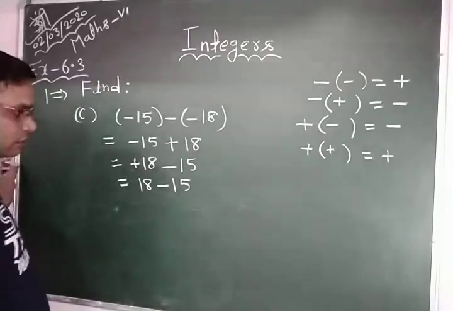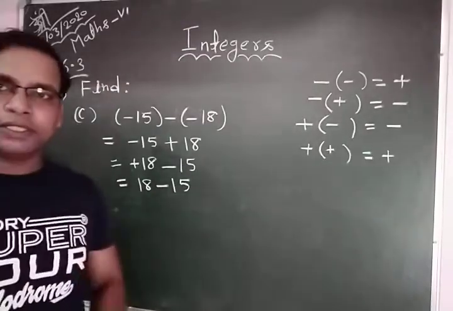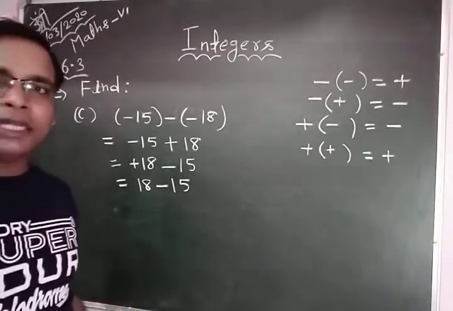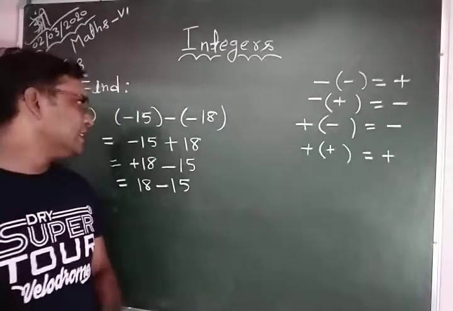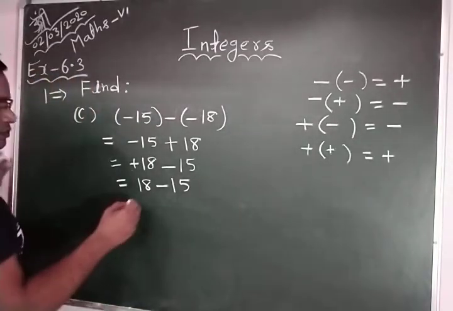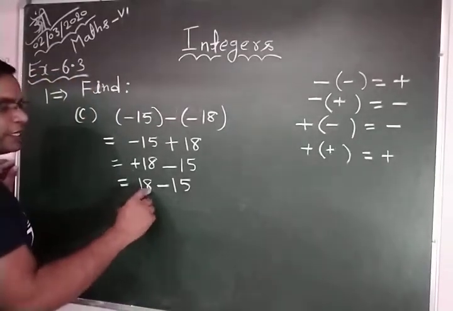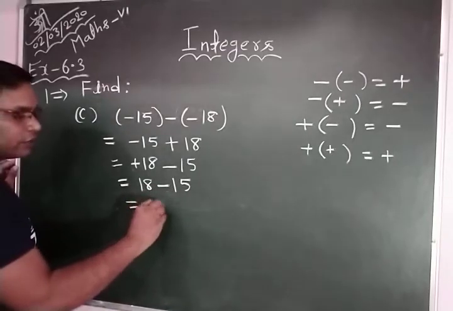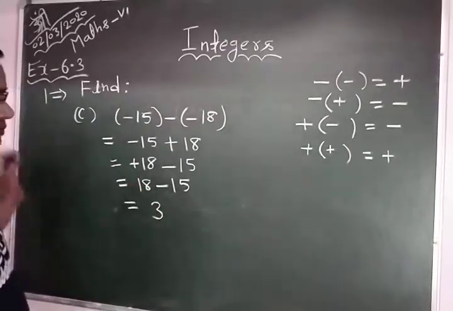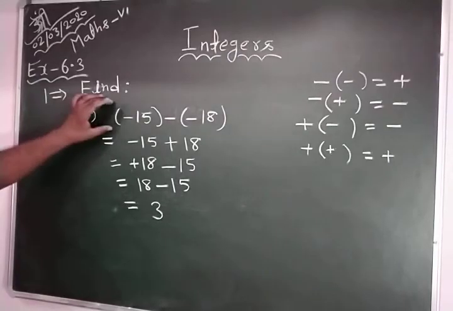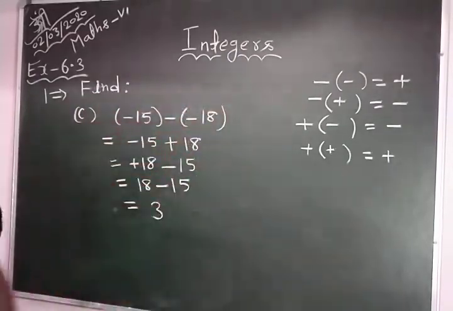So 18 minus 15 is equal to what? 18 minus 15 is equal to 3. Okay.